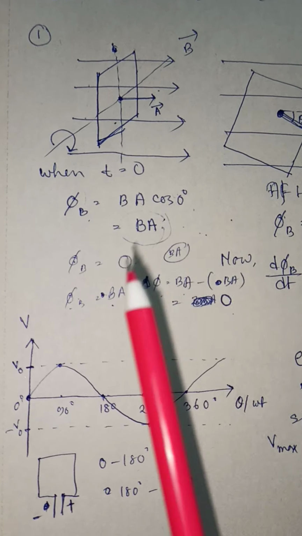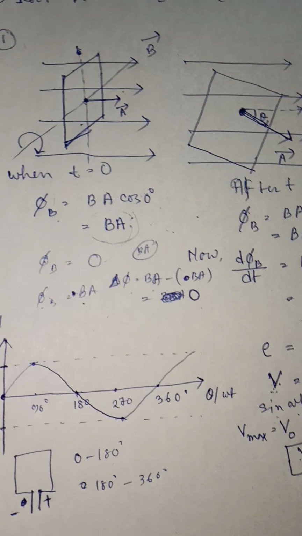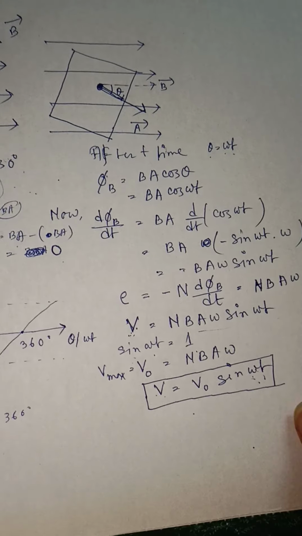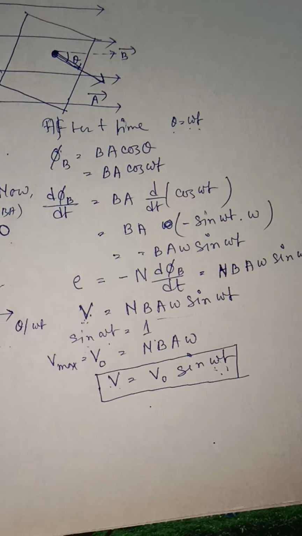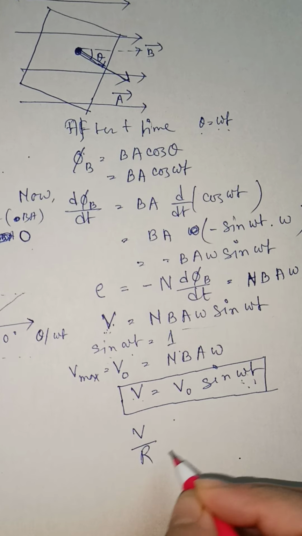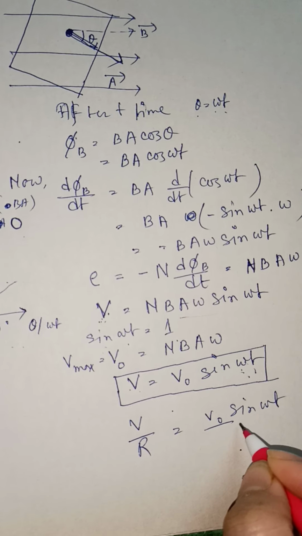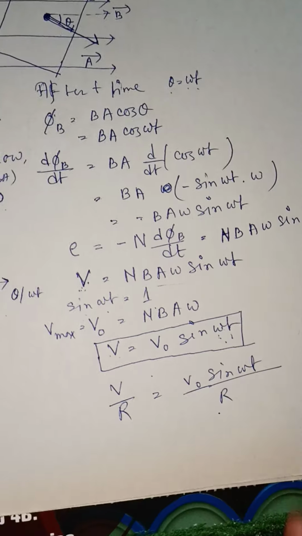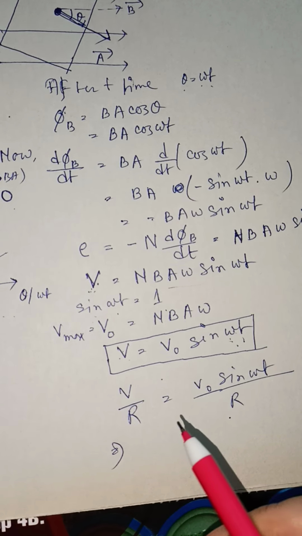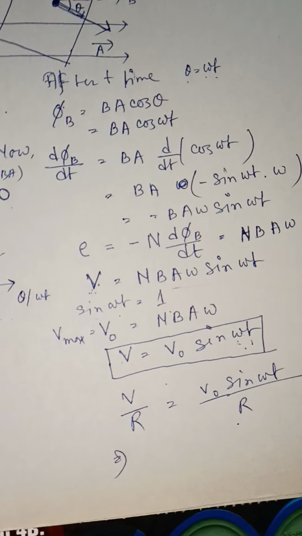Okay, so now what about induced current? If the voltage is induced inside this loop, then obviously current is also induced inside this loop. We know this is the form of induced voltage. If the resistance of this loop is R, then V by R equals V naught sine omega t by R, where V is the induced voltage at any instant t.